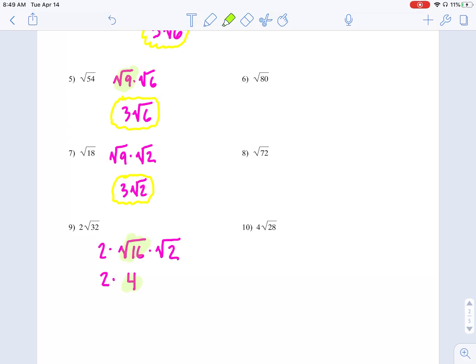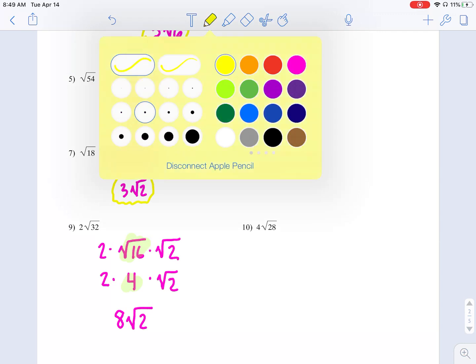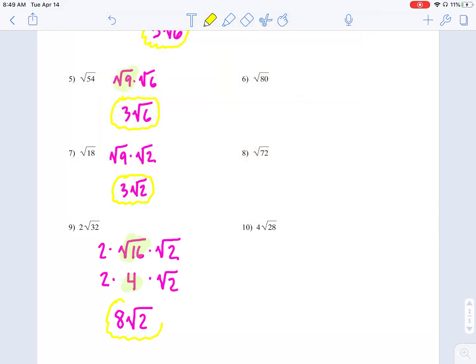Square root of 16 is the same as 4 times square root of 2. So what I end up doing with that 2 in front is I just end up multiplying it by all the other stuff. So it's 2 times 4, which is 8. That's my number in front part. And the root part that I can't do anything more with is just root 2. 8 root 2 is in simplest radical form.